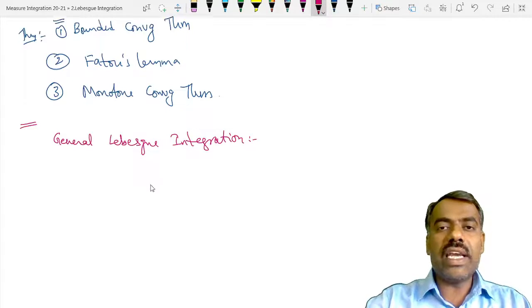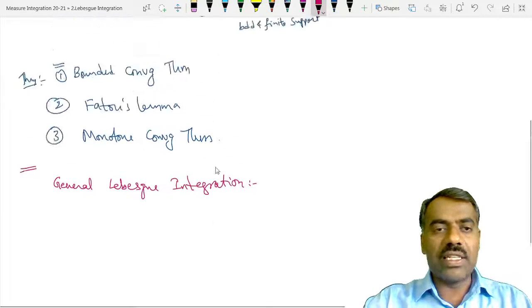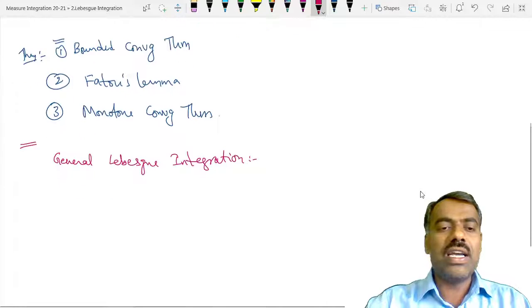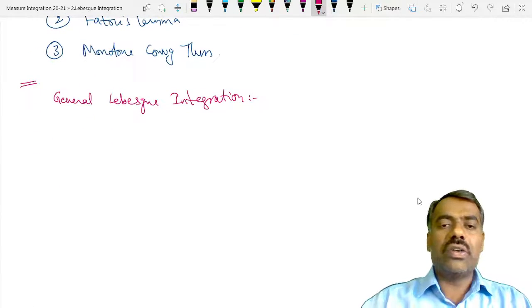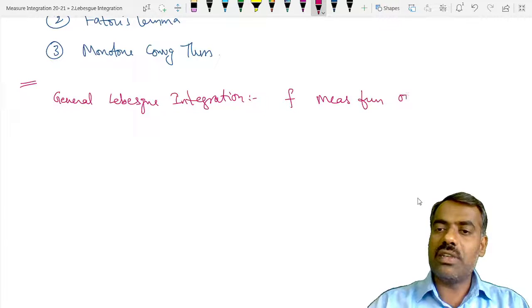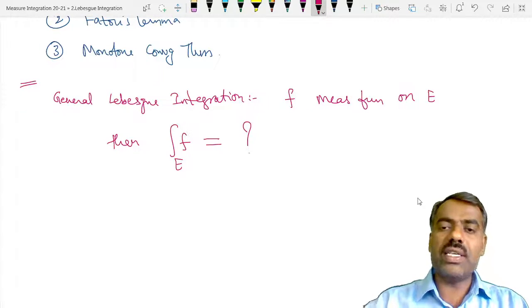That means we will take any function f, not necessarily f greater than or equal to 0, or not necessarily bounded and so on. So if f is any measurable function defined on E, how can we define the integration of f over E? That is the question.